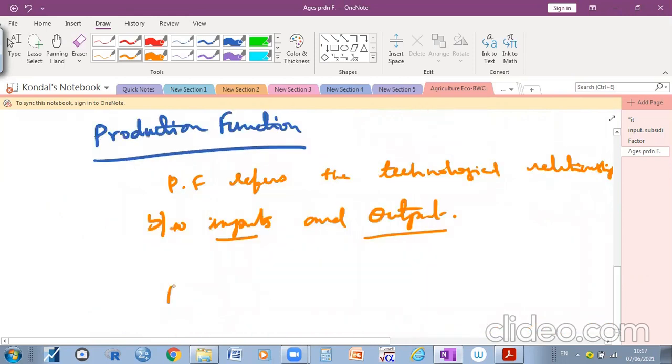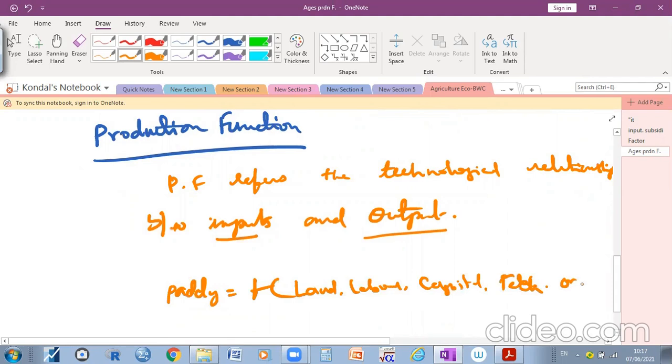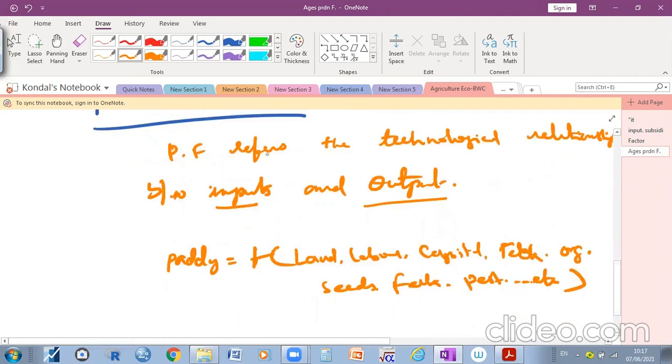Paddy is a function of land, labor, capital, technology, organization, seeds, fertilizers, pesticides, etc. There are so many inputs. Production function refers to the technological relationship between inputs and output.